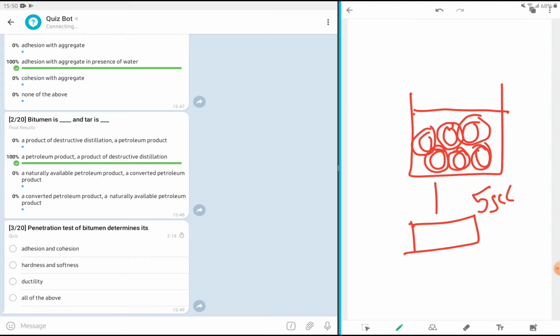And if the needle is not penetrating much inside the bitumen sample, we can say the bitumen is hard. Therefore hardness and softness can be determined by carrying out the penetration test of bitumen. So let's select the option hardness and softness.